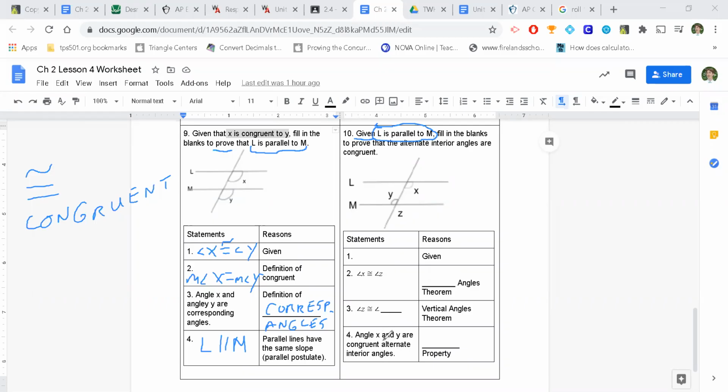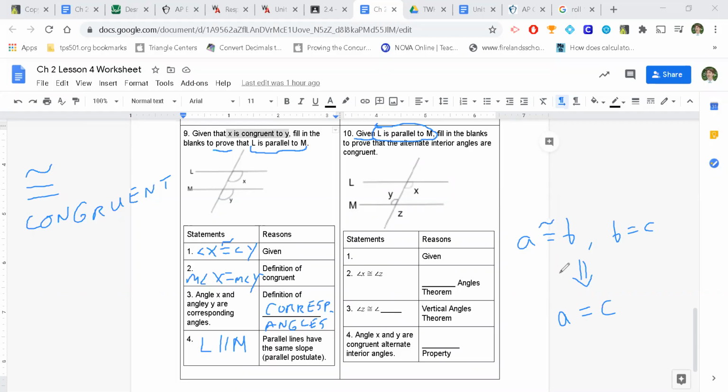All right, last line tells us that that means angle X is congruent to angle Y because of the what property? If you remember, we had a property in your notes that said if A is equal to B and B is equal to C, then that implies that A is equal to C, right? The same thing is true of congruence.